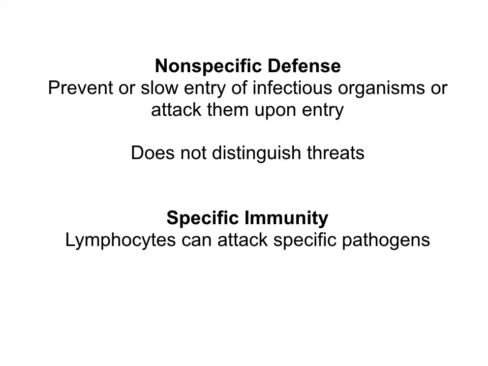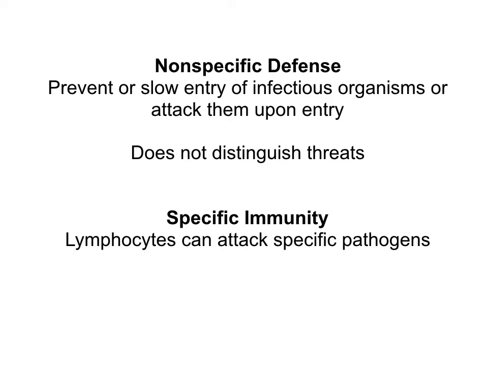However, sometimes you do have to use what's called specific immunity. Specific immunity involves your immune response. Now, the immune responses develop after birth as you are exposed to pathogens in the environment. In the immune response, you're going to be using your lymphocytes, and lymphocytes have the ability to attack specific pathogens.